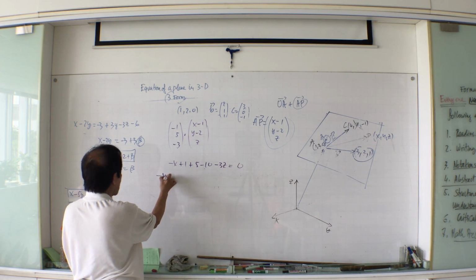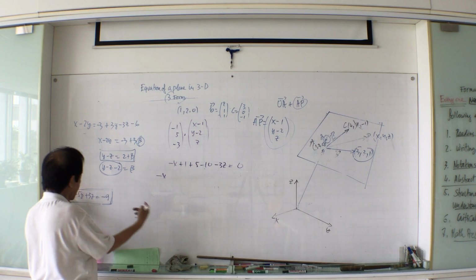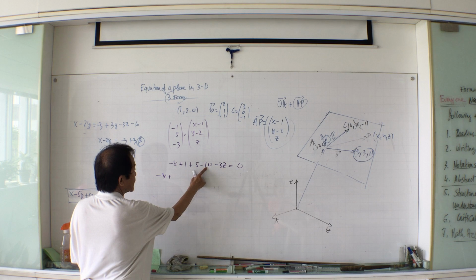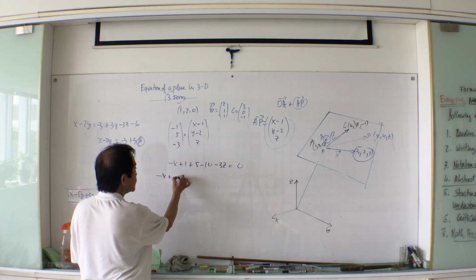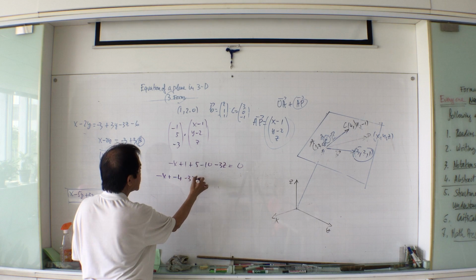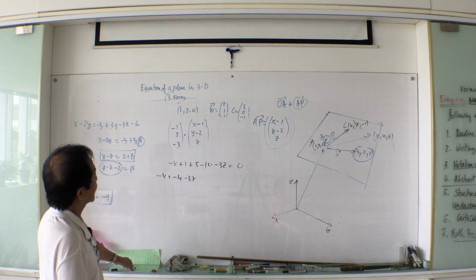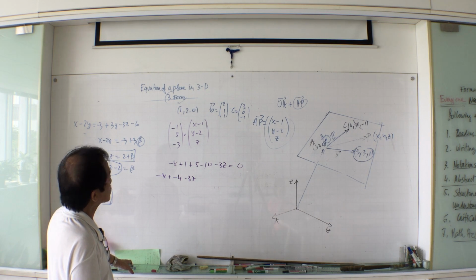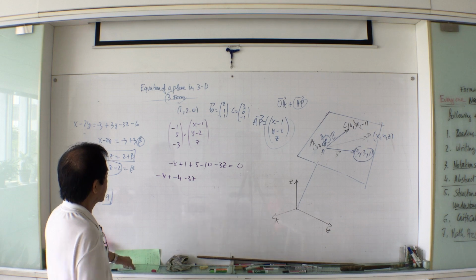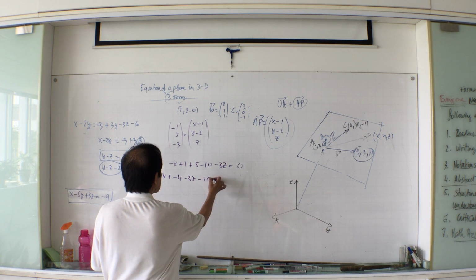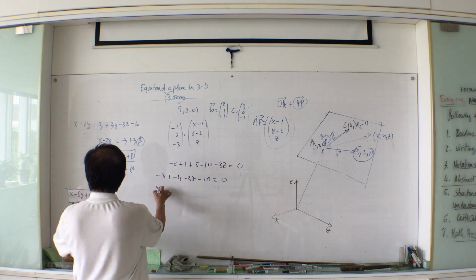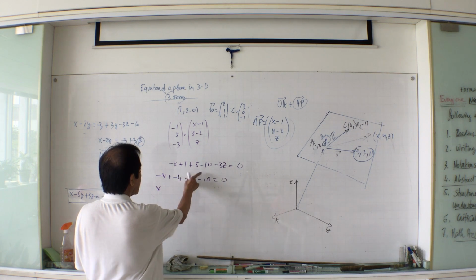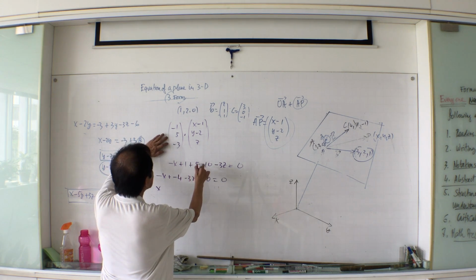So I have minus x, which is right here; later on we can flip over. Plus 1 minus 10 equals minus 9. Let me redo it here. 5 times y, where is the 5y?